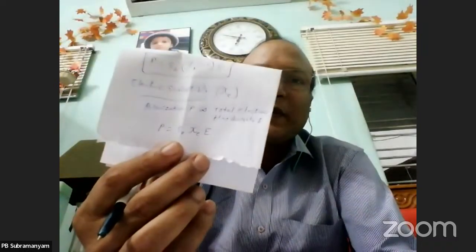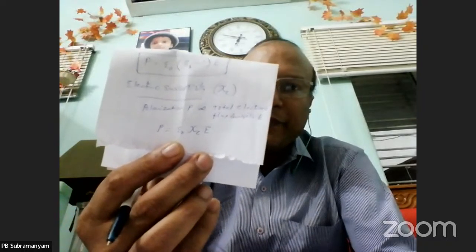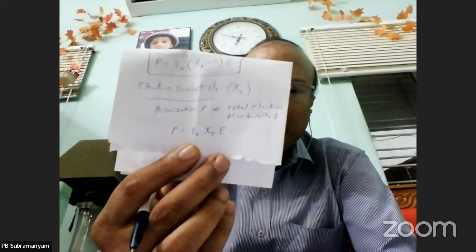Here chi E is said to be the electric susceptibility.